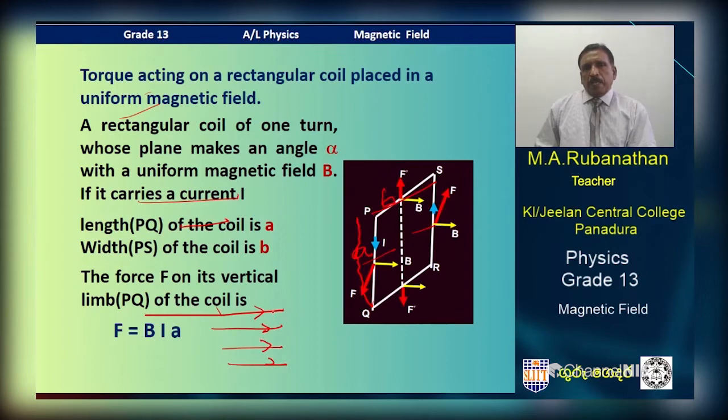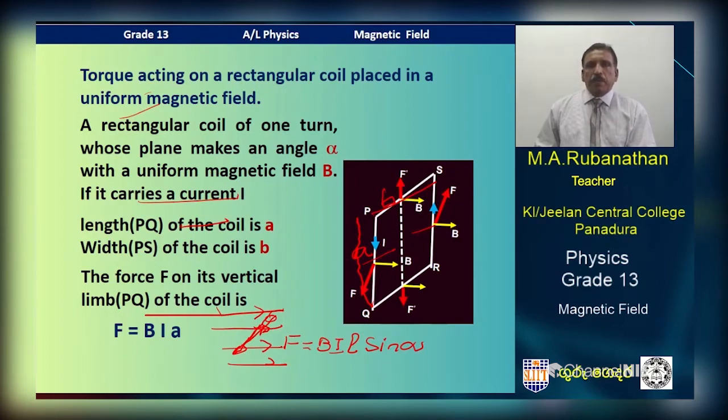When we place the conductor in the field and it carries a current I, the force on this conductor is F equals BIL sin alpha. Now consider PQ.